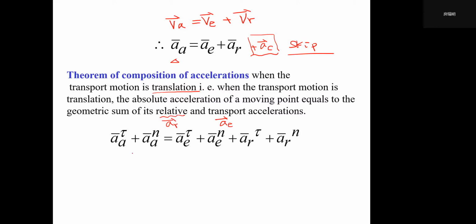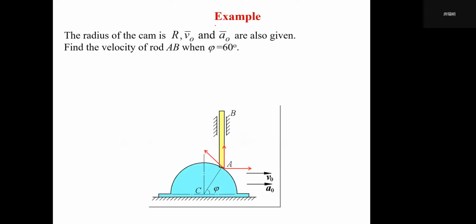According to the style of the rigid body, this is maybe the most complex pattern of this equation. But maybe you guys don't need to focus on this. We just need to know some typical or simple examples of how to use this theorem of composition of acceleration, right? So then we will talk about one example.